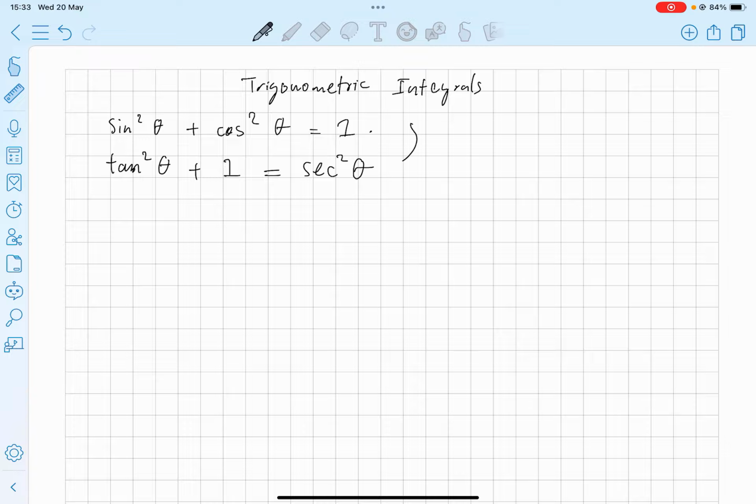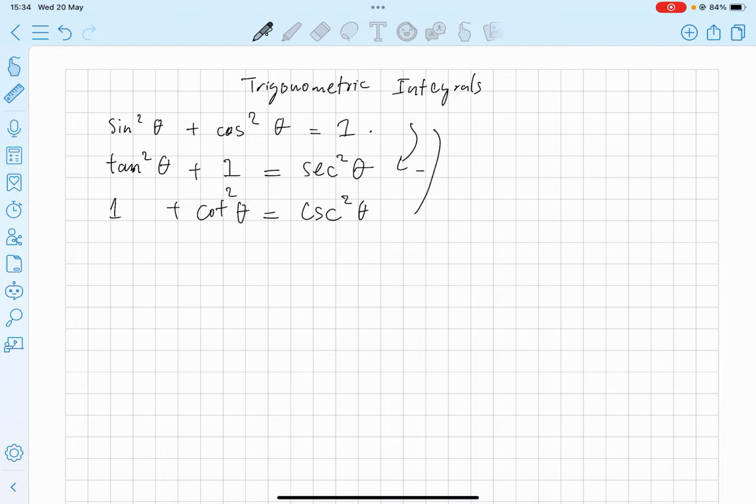Basically, moving from the first one to the second one, you just divide both sides by cosine squared theta, and it will give you the second one. The last one will be 1 plus cotangent squared of theta equals cosecant squared of theta.